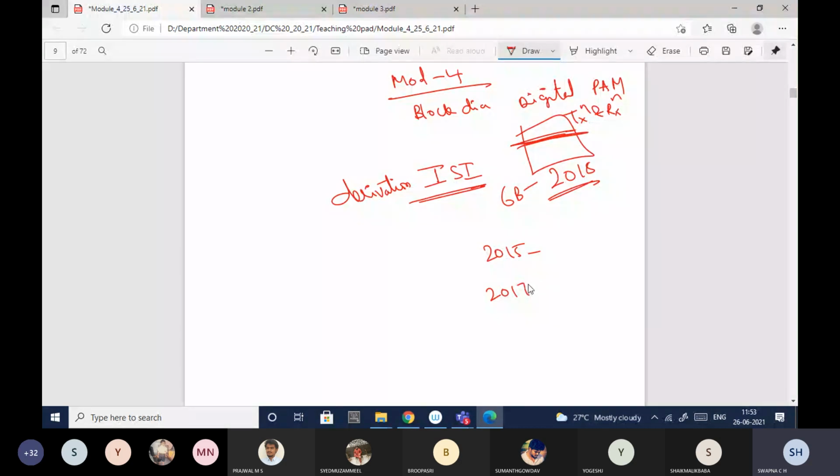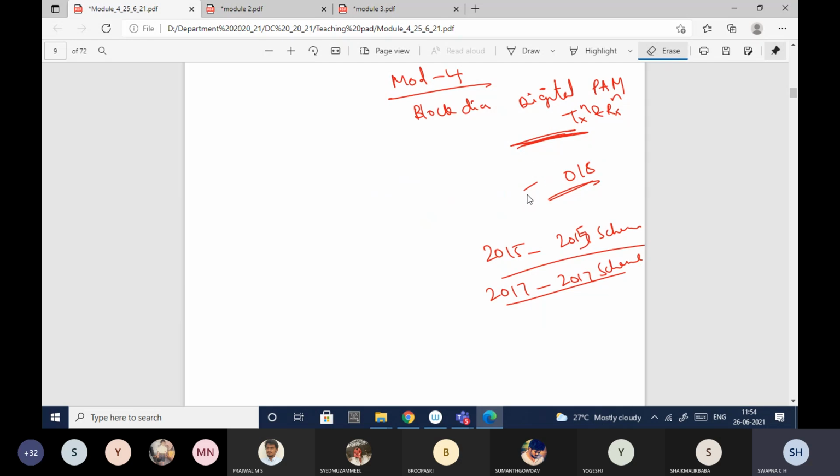For the 2017 scheme, you write the 2017 scheme only. Please make sure that you all write the correct question paper, because we had instances where we did it wrongly, so that is the reason I'm specifying it once again. So don't be in a hurry, don't copy, try to learn everything.